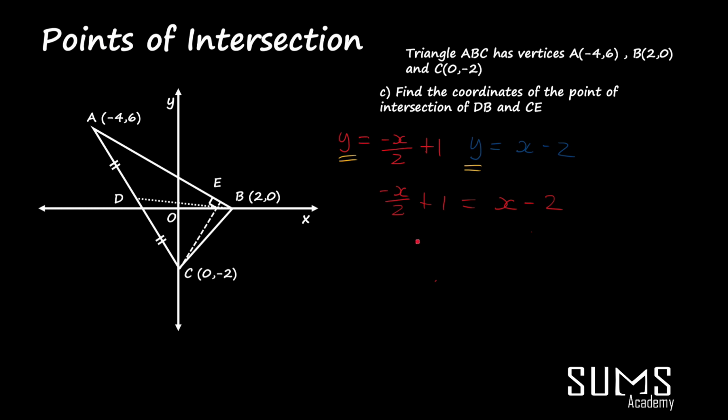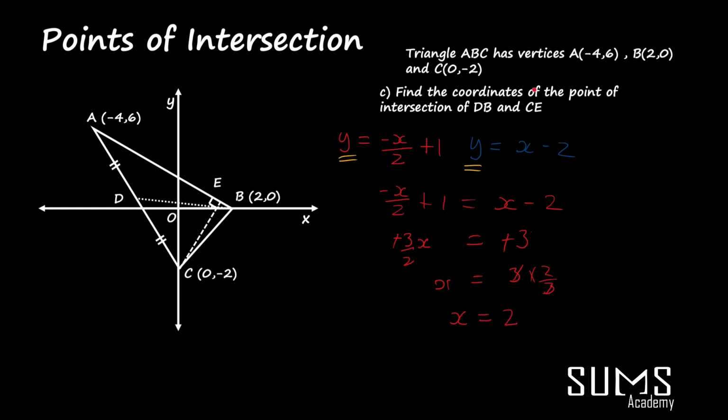You can take this x over here, so it becomes -3/2 x, and then take the 1 over there, so that's -3. Those minuses will just cancel. So then you're left with x is equal to 3 times 2 over 3, and the 3s will cancel. So your x is equal to 2.